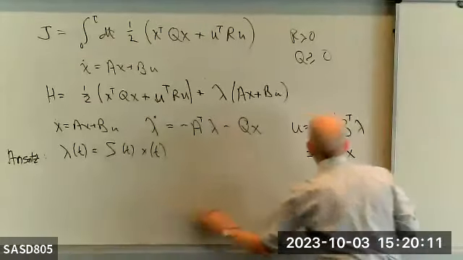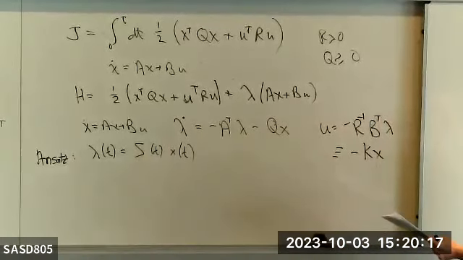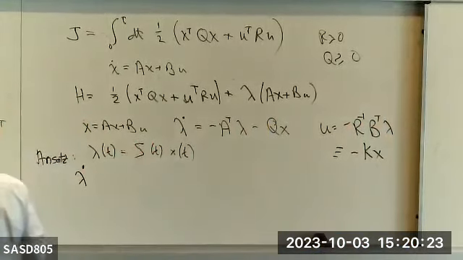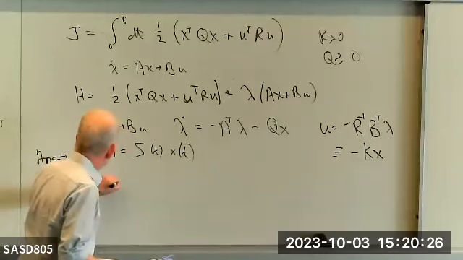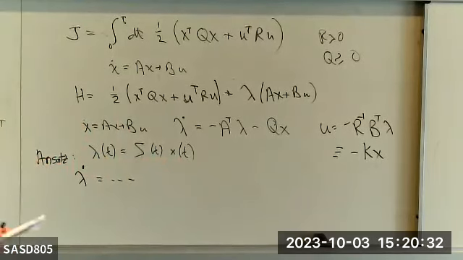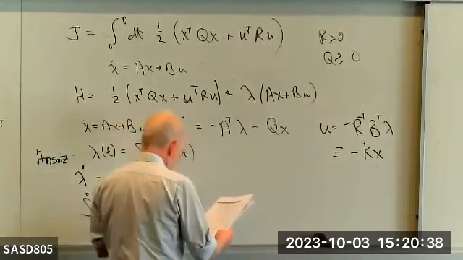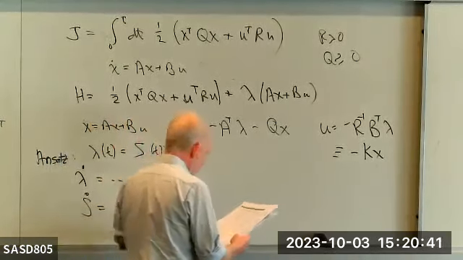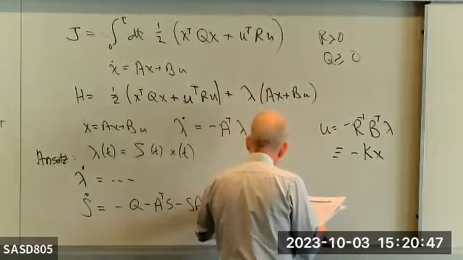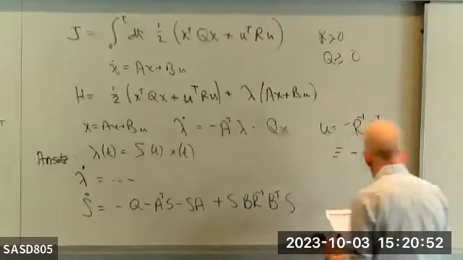This is actually just a definition of K. Then the next step would be, and I'll abbreviate this, you put in the equation for lambda dot here, but since lambda is S times x, this is also an equation for S. And so what we really want is the equation for S, and so that is S dot is minus Q minus A transpose S, and so on.